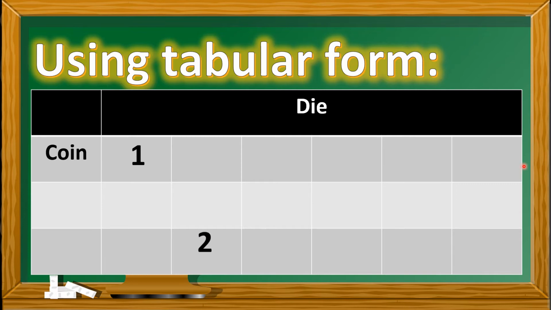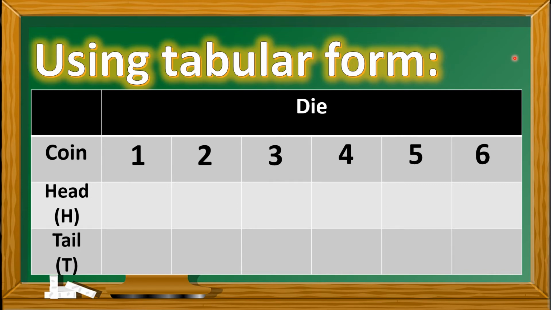So we have 1, 2, 3, 4, 5, and 6. Those are the possible outcomes for the die, the number of dots on a die. And for the coin, we only have 2 possible outcomes: head and tail.